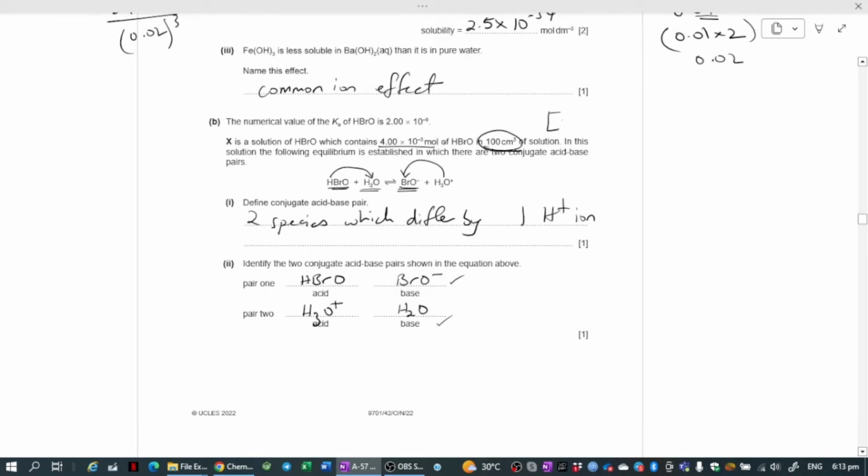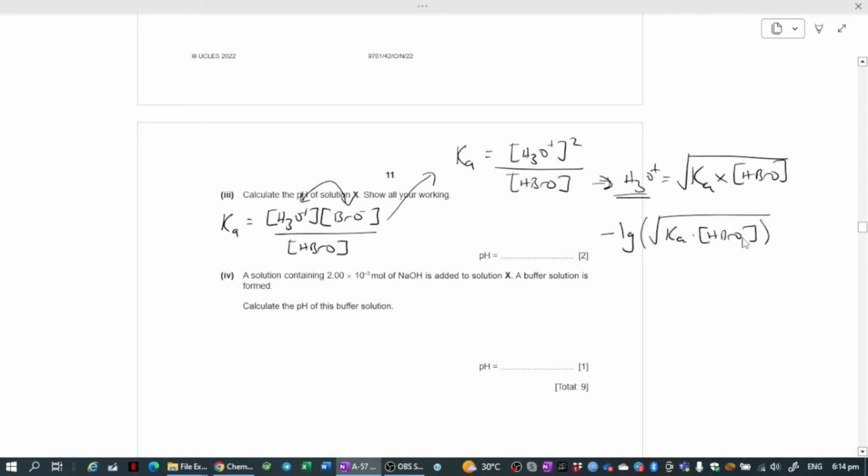So the concentration of HBrO is 4 by 10 to the minus 3 all over 100 divided by 1,000, which is 0.04 molar. So this is the concentration of HBrO that you would use here. You just substitute everything in your calculator and you should get a pH value around 5.05.